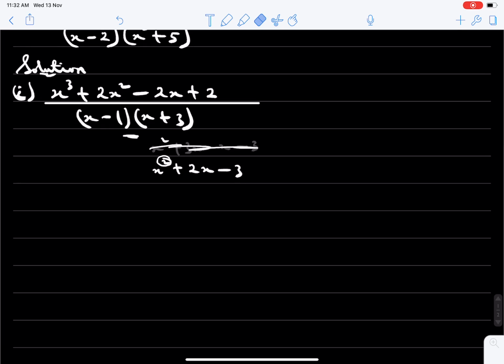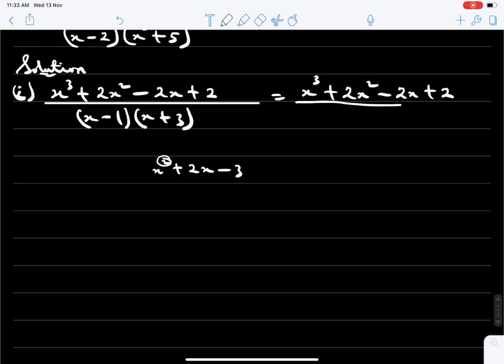So the first thing to do is to divide the numerator by the denominator. So I want to write this as x raised to power 3 plus 2x squared minus 2x plus 2 divided by x squared plus 2x minus 3.